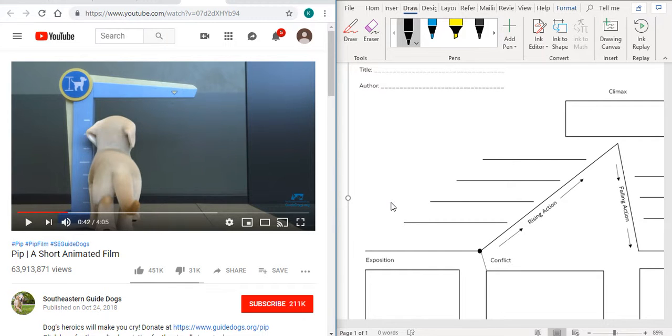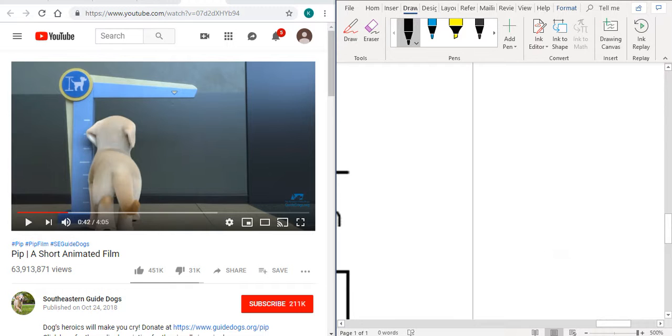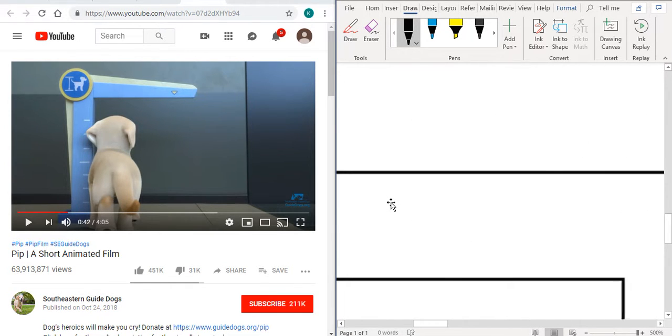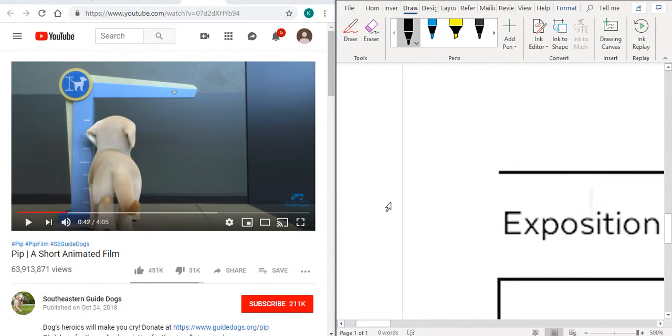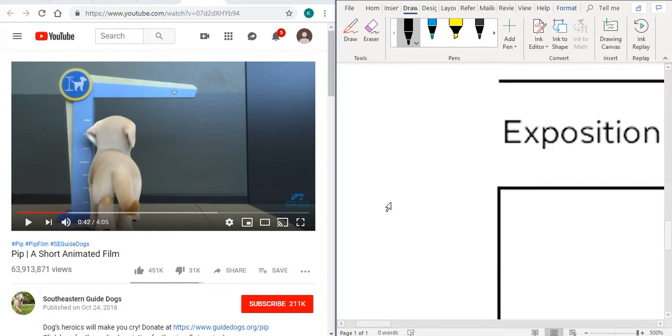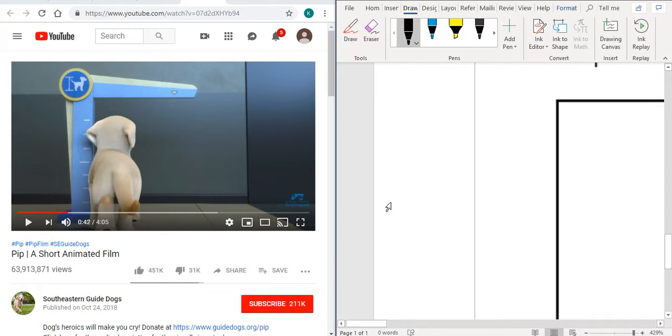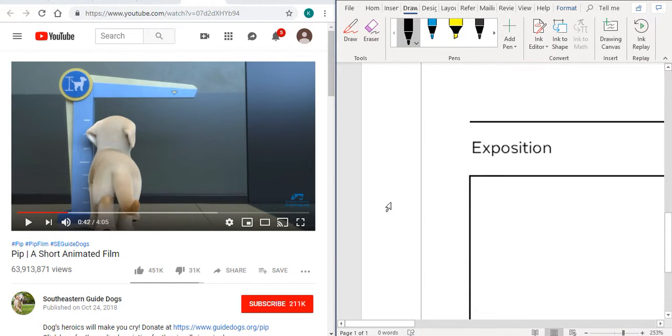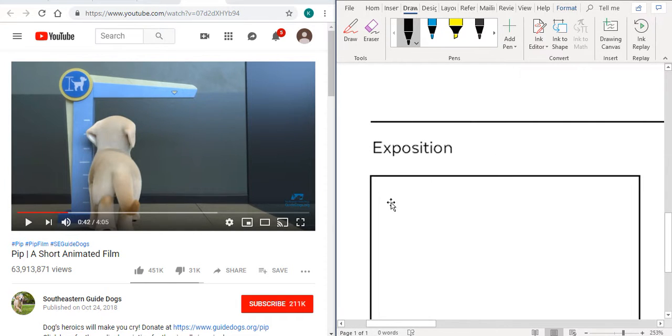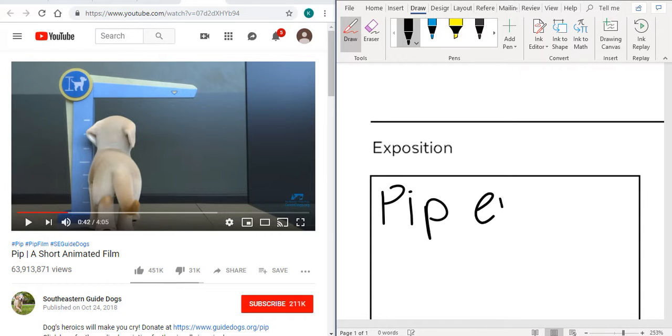Alright, so I'll stop that there, and if we go over to our story arc planning tool, there we go. And I'm going to write the exposition. So basically what was happening in the beginning there was that Pip, well I'm assuming it's Pip anyway, enters Doggy University.